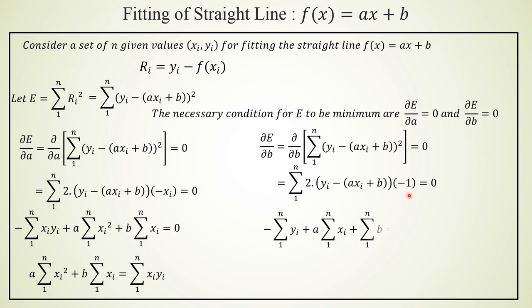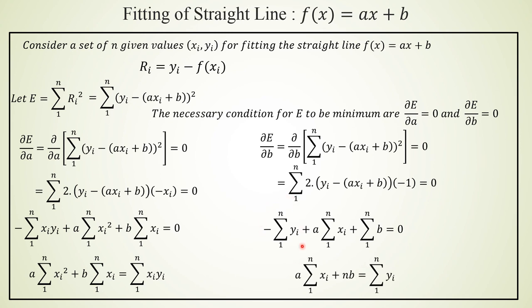Now let me simplify the above equation so that it reduces to the form minus summation of yi, i varying from 1 to n, plus a into summation of xi plus summation of b, where i is varying from 1 to n.